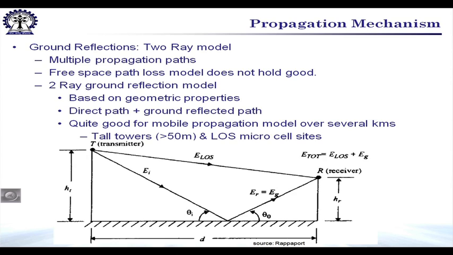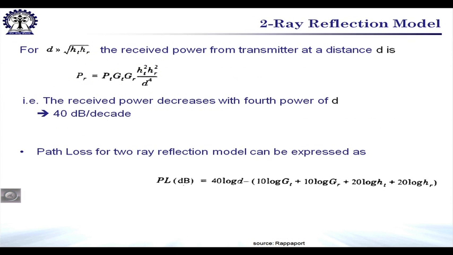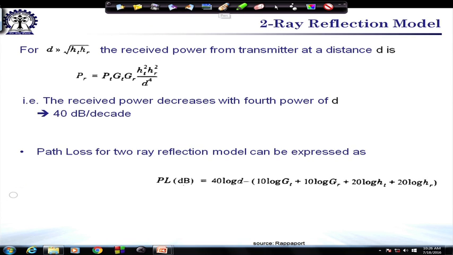When these two are added and a whole set of expressions are resolved, we end up with the expression shown in this slide: the received signal strength is equal to the transmitted power multiplied by transmit antenna gain multiplied by receive antenna gain, which we have seen before.